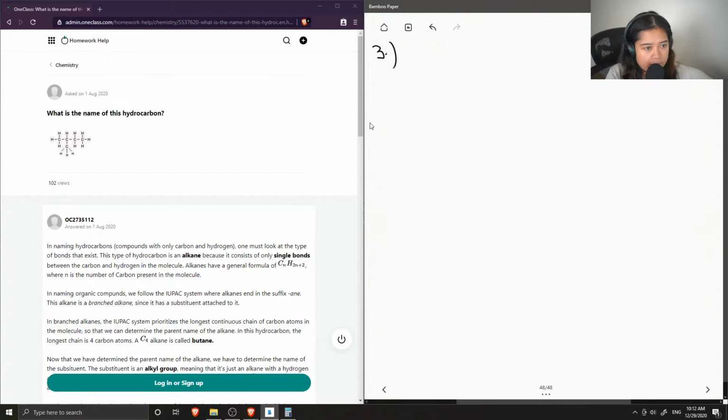We have 3 hydrogens attached to a carbon, another carbon, let's just draw it in the simple way so that it's less big. Okay.